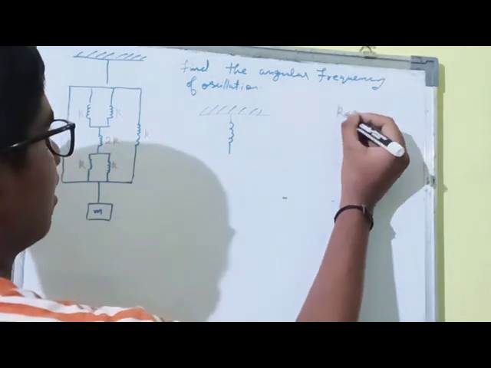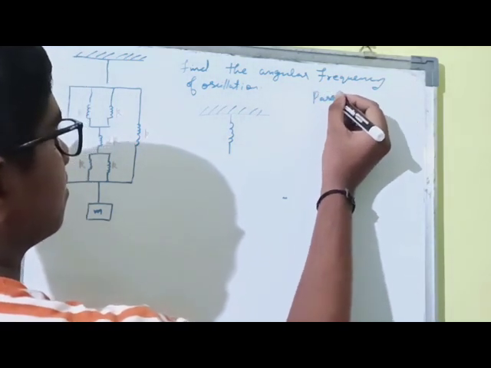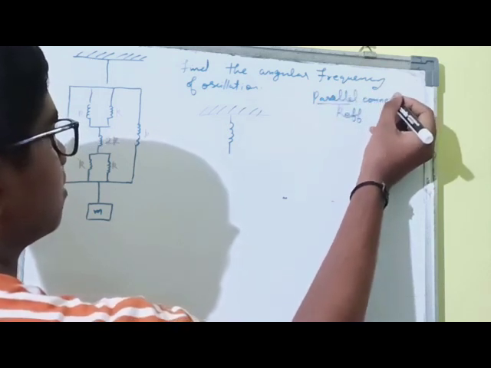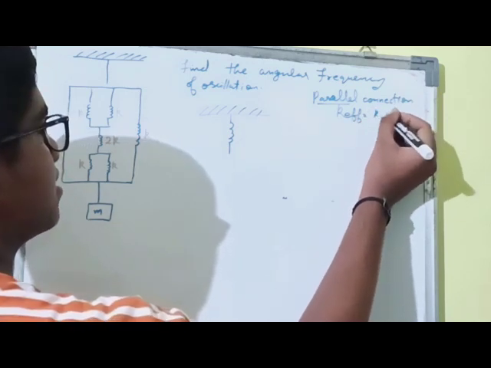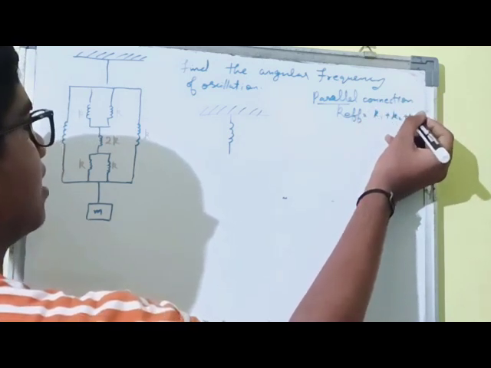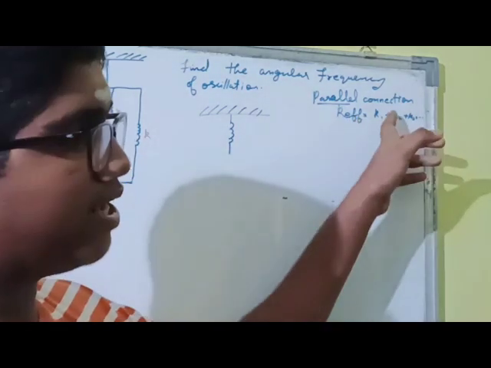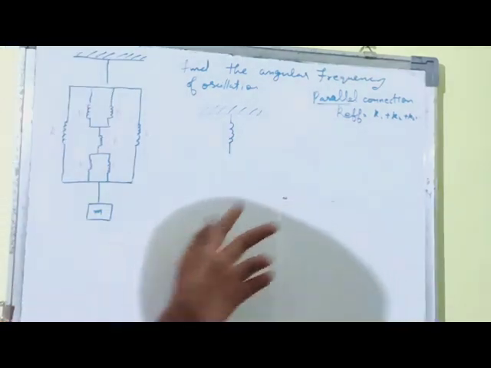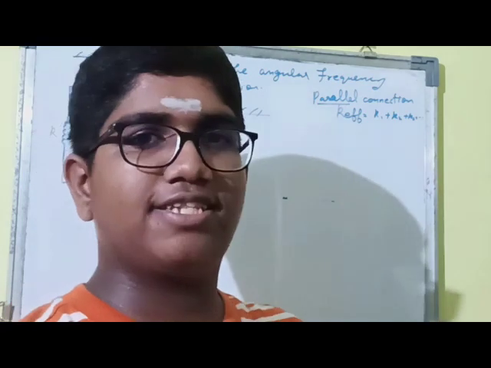K effective in case of parallel connection will be equal to K1 plus K2 plus K3 plus etc. Now if you notice, this is similar to the formula for resistors in series and similar to capacitors. So springs in parallel behave like resistors in series.